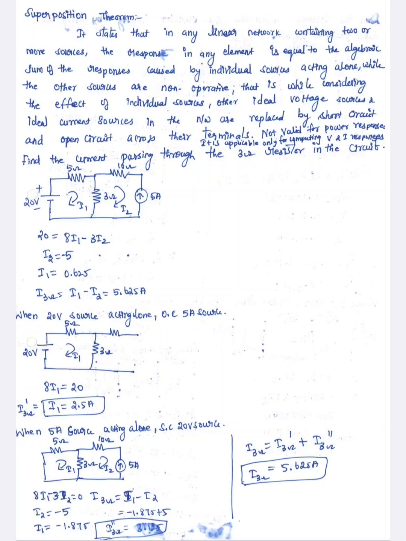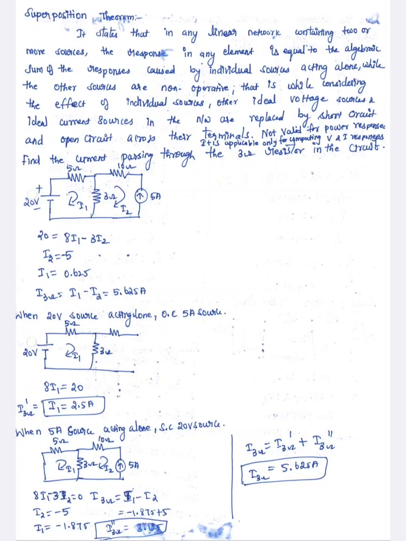So what we can conclude here as the superposition theorem: the response of any element is equal to the algebraic sum of the responses caused by individual sources acting alone. How can we make the individual sources act while the other sources are non-operative?